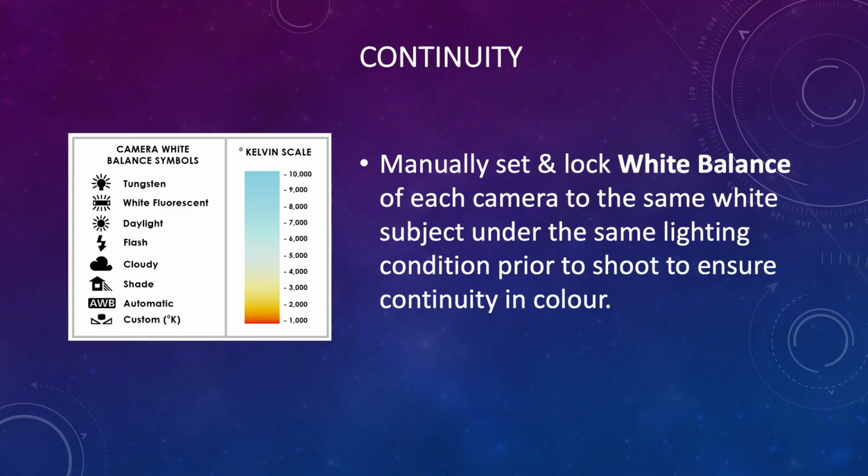Right? Now, some of these symbols that you find on the camera, like tungsten, white fluorescent, daylight, flash, cloudy, shade or automatic, are color temperatures, or they run on a Kelvin scale. In a very typical production, use is 3200 Kelvin, sometimes it's 4000 Kelvin or 5000 Kelvin.